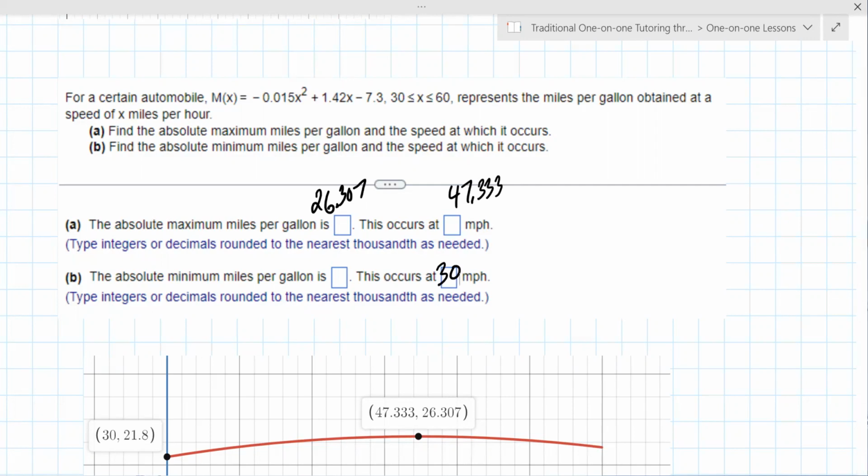But what I do when I see something like this in the graph, because I don't know if it's rounding it, it's really like 0.799 or something like that, is I just plug that into a calculator. So okay, when X is 30, go back to the original function and just plug it in for X. And let's see if it actually is exactly that. And it is. It is 21.80. Okay.